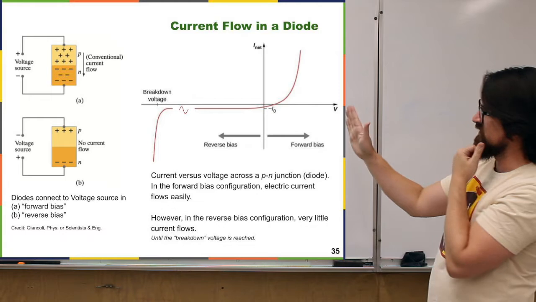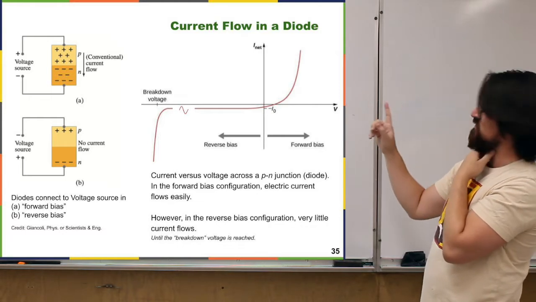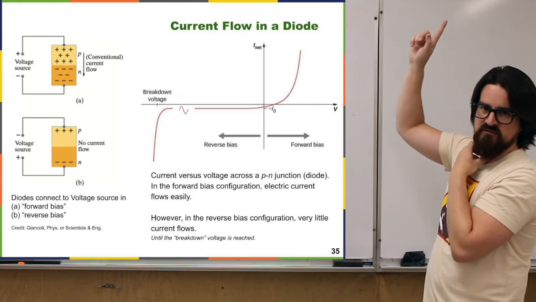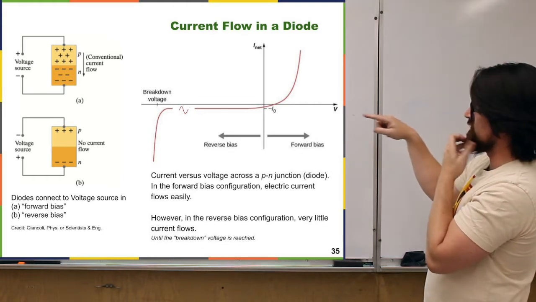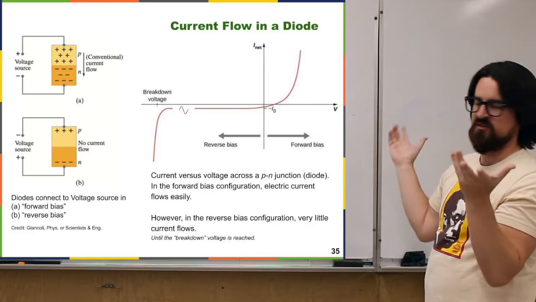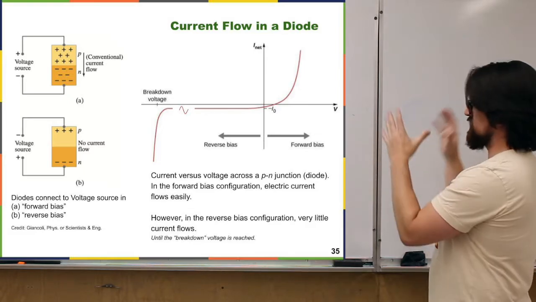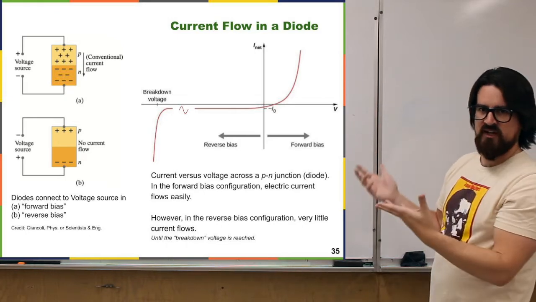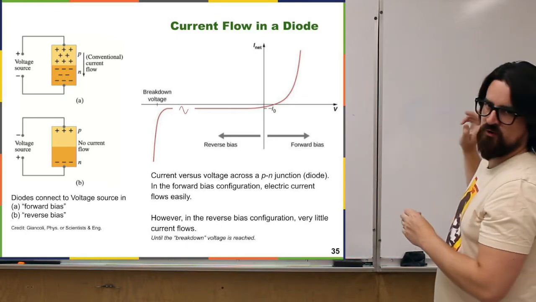So that's the forward bias position over here. You increase the voltage a bit, you get a lot of current. In the reverse bias position, you can keep decreasing the voltage and you get essentially no current. So that's the conventional picture, which is why you call a diode a one-way valve for current. It just wants to go in the forward position.